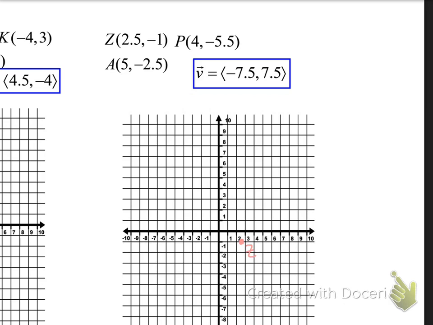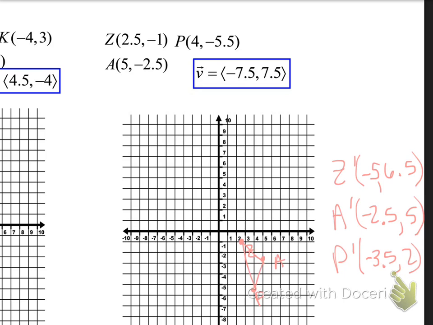My P, I go right 4, down 5, and then halfway past, so that's my P. A, I go right 5, down 2.5, so a little bit past 2, should be halfway past 2, and that's going to be my A. Okay, and then I would use a calculator to add your x's, add your y's to find your primes. So I'm going to do that really quickly if you would like to pause the video. Okay, so this should be your new set. Then I'm going to graph them.